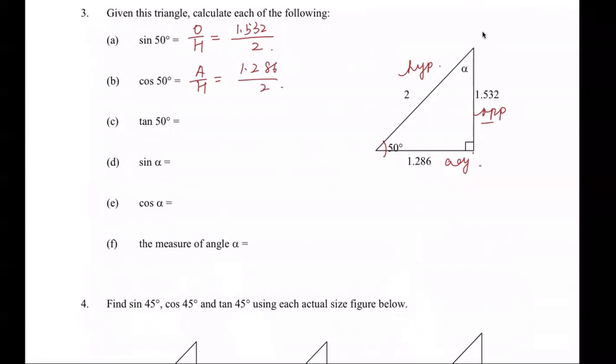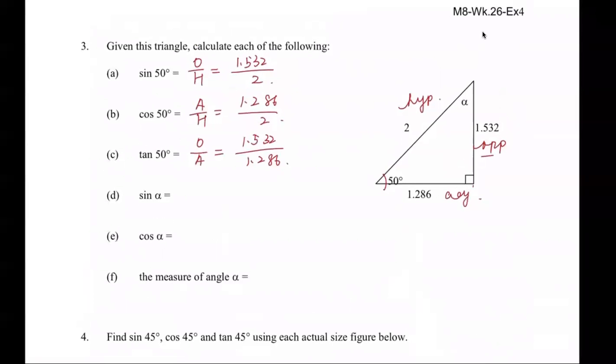And tangent 50 degrees is equal to O over A, right? Which is equal to 1.532 over 1.286.